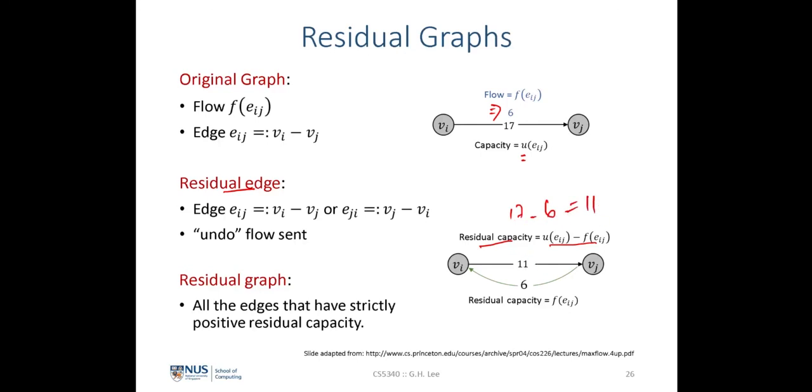It is important to note that in the residual graph, all the edges represent the residual capacity, and must have a strictly positive residual capacity. What this means is that the residual capacity has the same meaning as the capacity, that it must be more than or equal to 0.